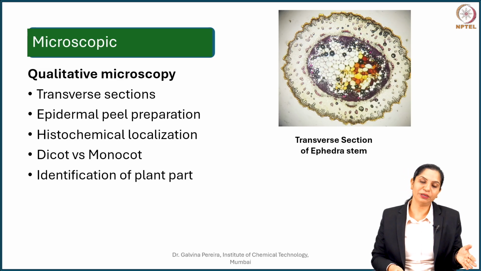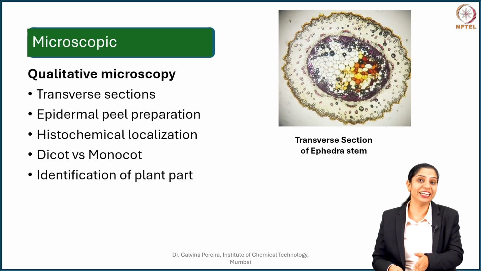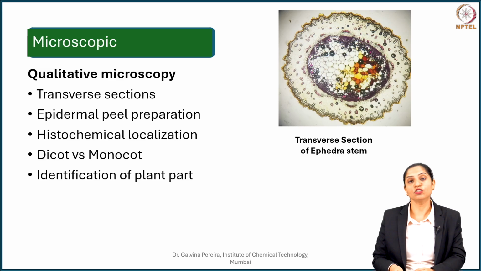This arrangement of stomata and type of trichomes present can tell me what the drug is. Say for example, diacytic stomata is observed in adulsa leaves, whereas paracytic or parallel cell stomata is observed in senna leaflet.